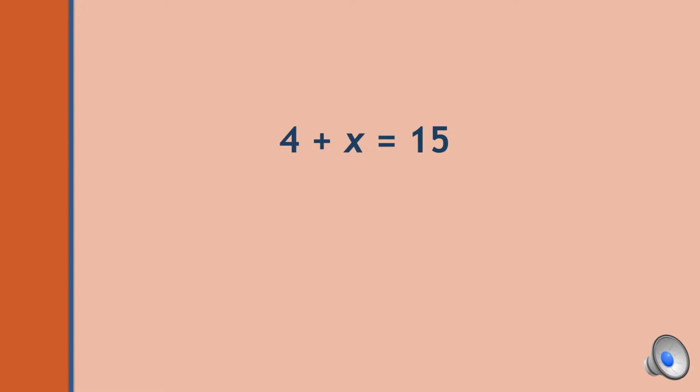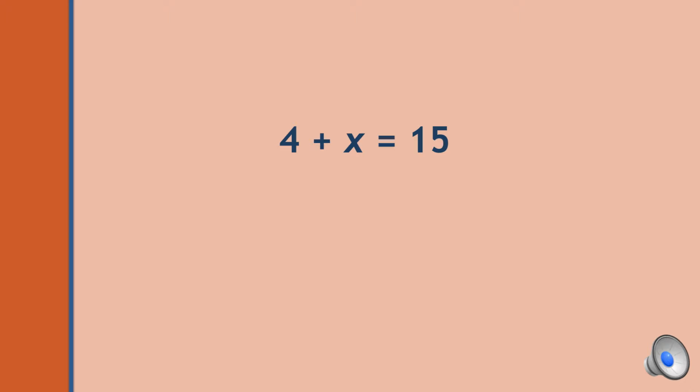When a scale is balanced, that means it's the same on both sides, and that's what we want for our equations. So any operation that's performed on one side of the equation, we're going to do on the other side as well. That's going to keep it balanced and equal.